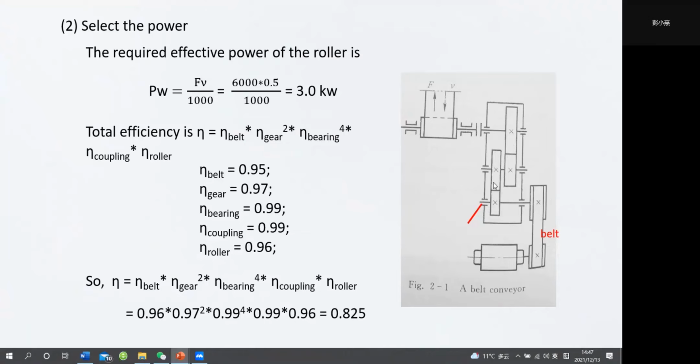For belt and gears, i is equal to z2 divided by z1, and z is the teeth of the gears or the pulleys. So if the speed ratio is too large, then the driven pulley or the driven gear should be larger.